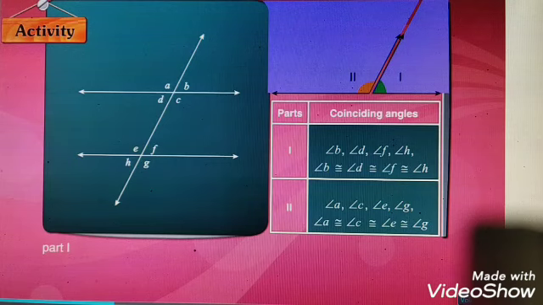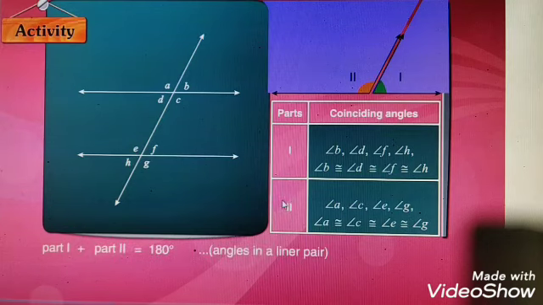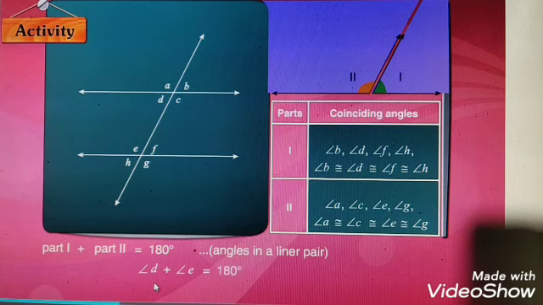Now, as we know, part 1 and part 2 are in a linear pair. So, I can say that part 1 plus part 2 is equal to 180 degrees. Now, since angle D coincides with part 1 and angle E coincides with part 2, I can say angle D plus angle E is equal to 180 and angle C plus angle F is equal to 180 degrees.